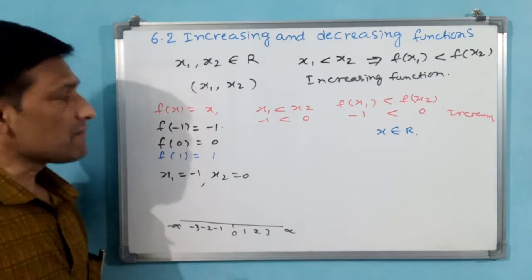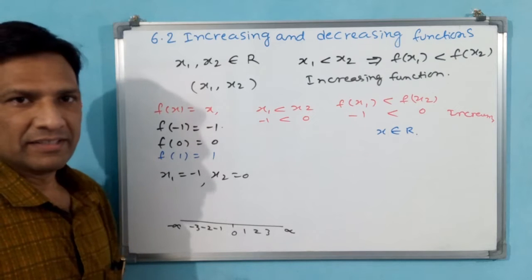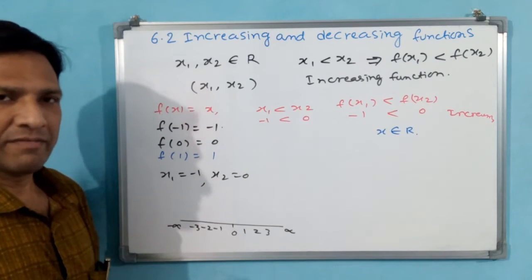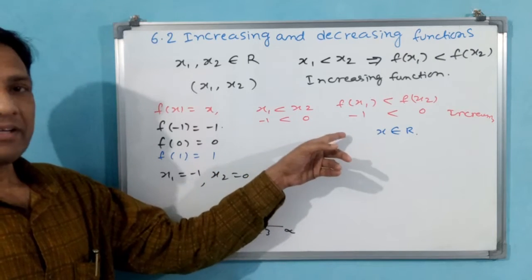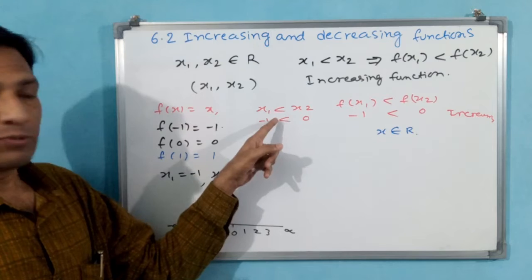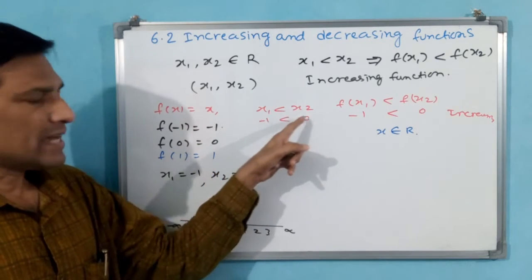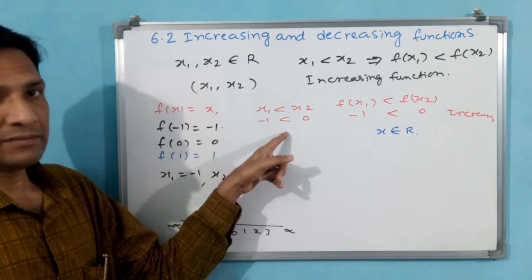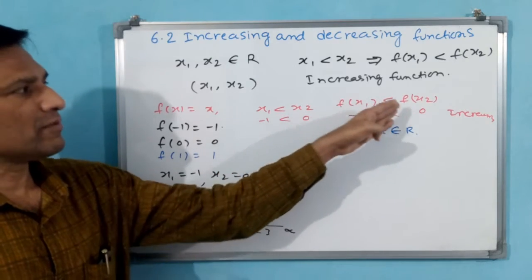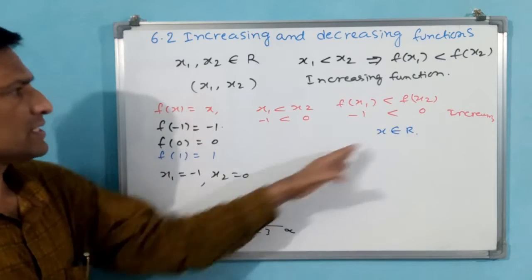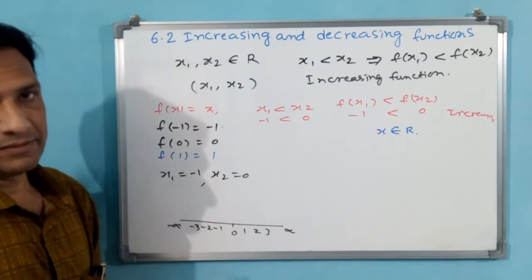X belongs to R. Whatever number you take here is applicable. Two numbers you have to take normally. Why? Because to compare, you have to take x1 and x2. But while taking x1 and x2, x1 should be smaller than x2. Then if you take, automatically f of x1 is always smaller than f of x2. That is why we can say this function is an increasing function.